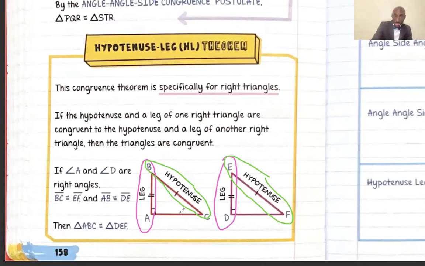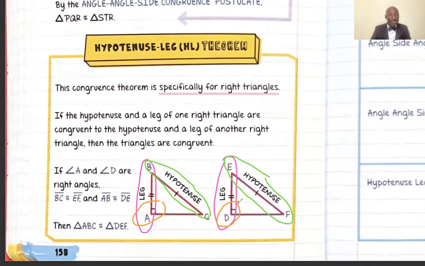Because also angle A and angle D are right angles. Side BC is congruent to side EF, and side AB is congruent to side DE.